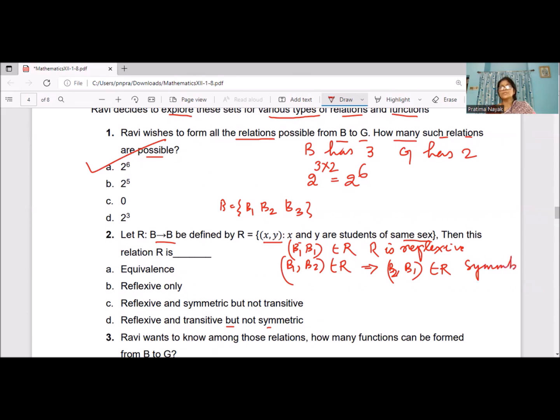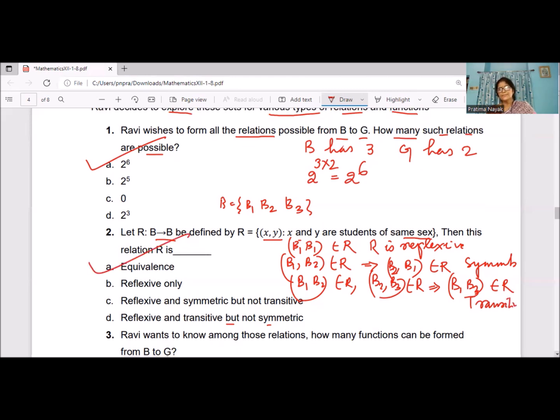Now coming to transitive: B1, B2 belongs to R, B2, B3 belongs to R. This implies that B1, B3 also belongs to R because they are of the same sex. So it will be transitive. So the relation is reflexive, symmetric, transitive. So it is an equivalence relation.